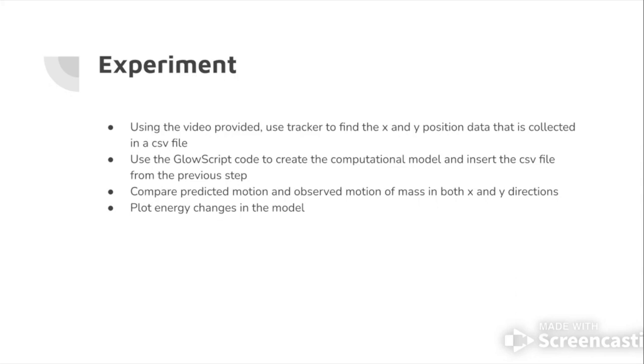I then used the GlowScript code to create the computational model and inserted the CSV file from the previous step. From there, I compared the predicted motion and observed motion of mass in both X and Y directions and observed the energy changes in the model.